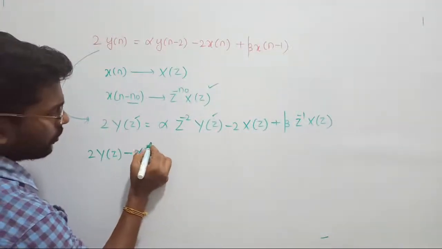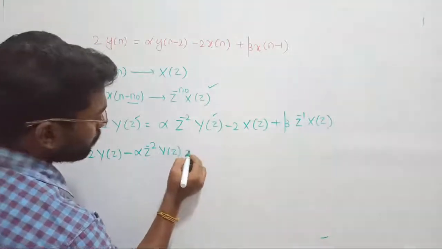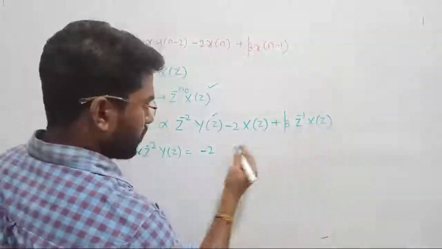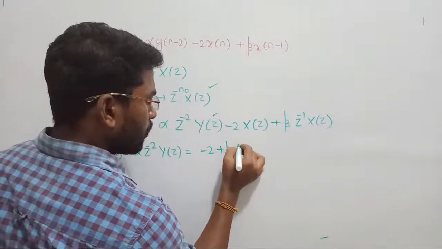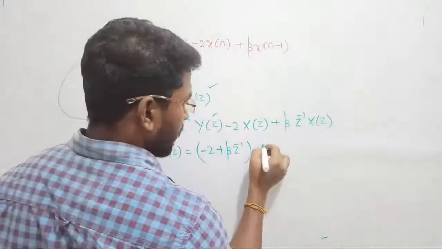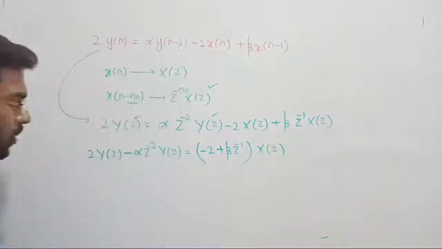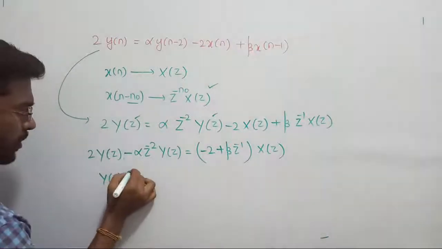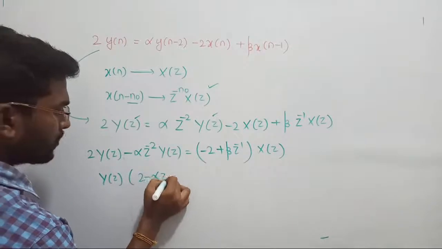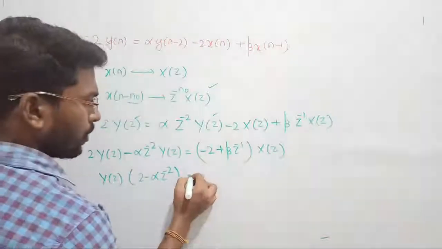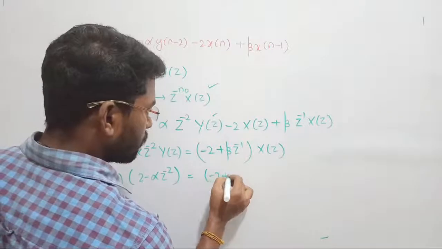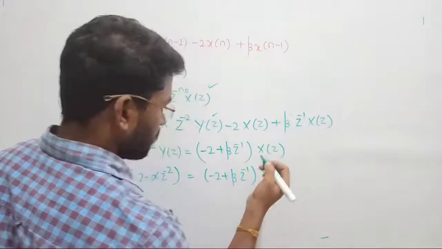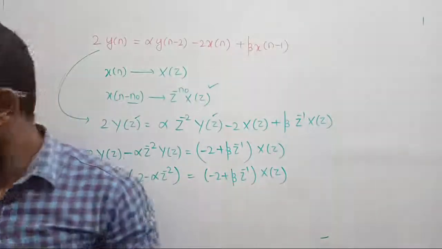Alpha times z power minus 2 into y of z equals minus 2 x of z plus beta into z power minus 1 into x of z. Now take y of z outside: 2 minus alpha into z power minus 2 equals minus 2 plus beta times z power minus 1, into x of z, right?